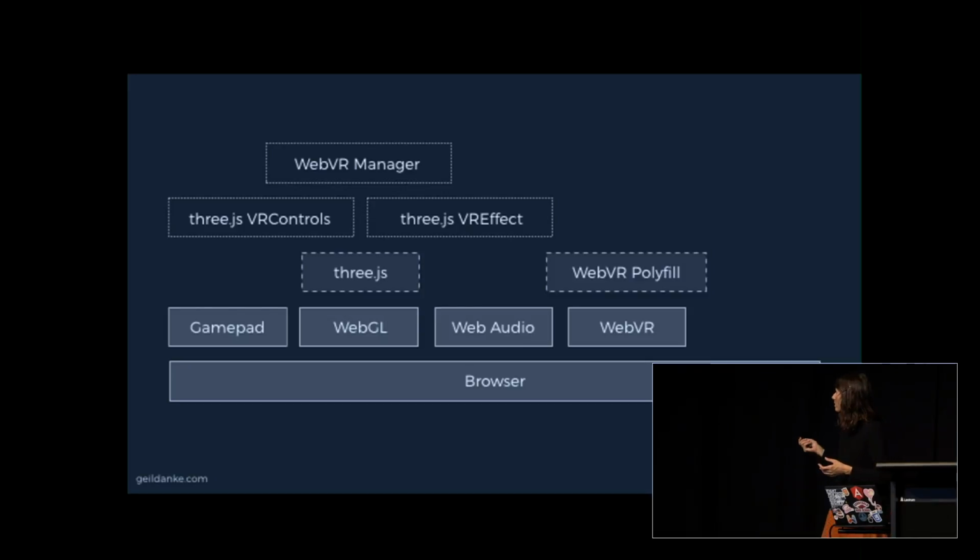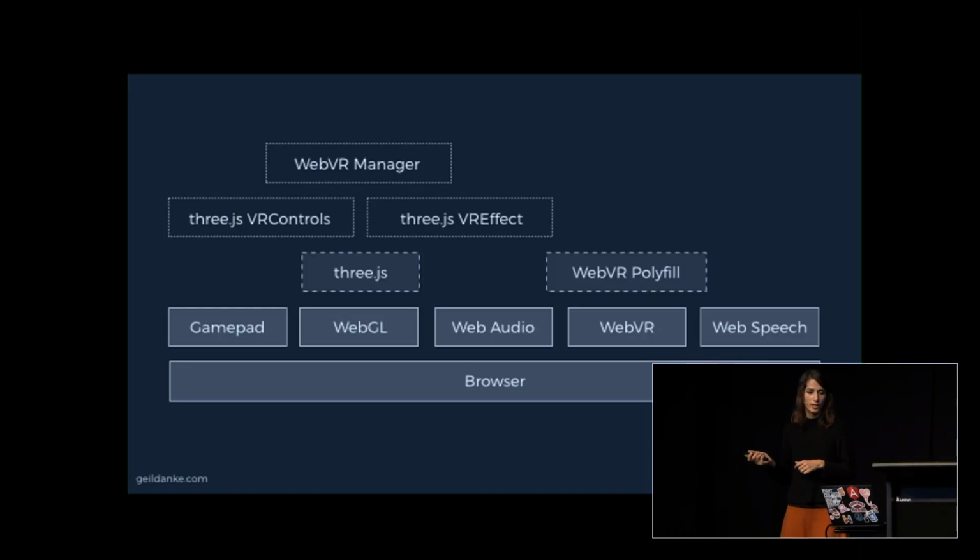Then there's also the Web Audio API we can use to create and add spatial sound to our application. And the last API I want to mention is the Web Speech API you can use to avoid the very uncomfortable way of typing into a keyboard in VR.